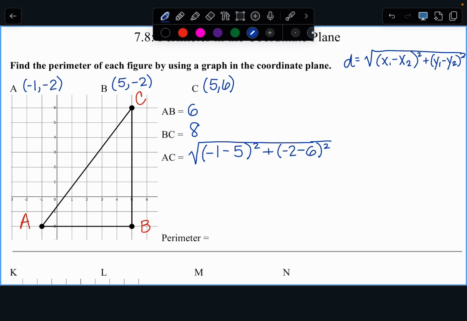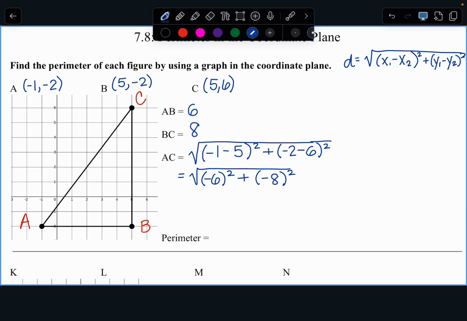Now we're going to simplify what's inside those parentheses. -1 minus 5 is a -6, and that's still squared, plus -2 minus 6 is a -8, and that is still squared.